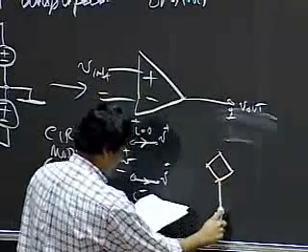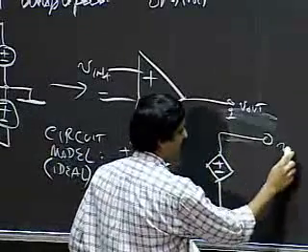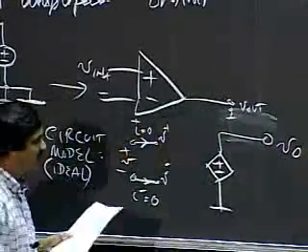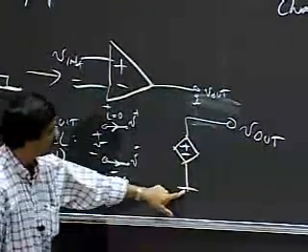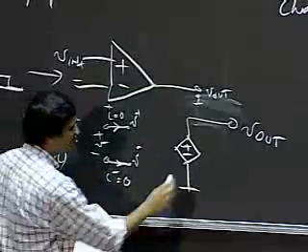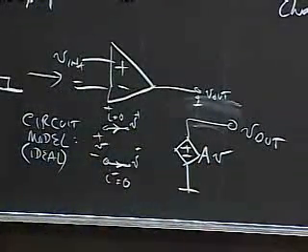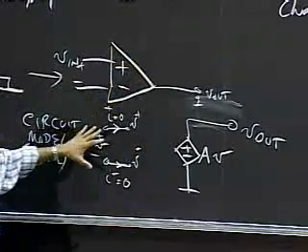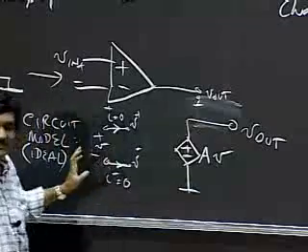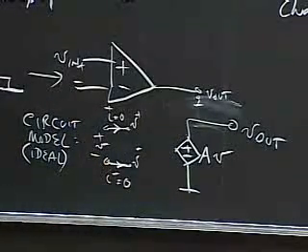The output is going to look like this. The output is some, let me just call it V out to be consistent with this here, and taken with ground as my reference, and the output is simply A V. So in other words, I'm going to model this as a device that has a dependent source at its output.